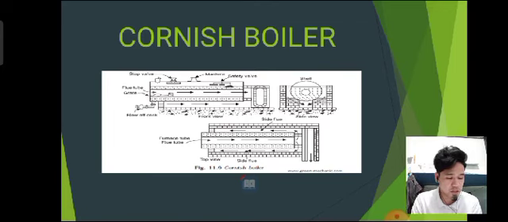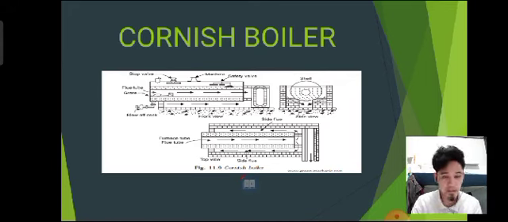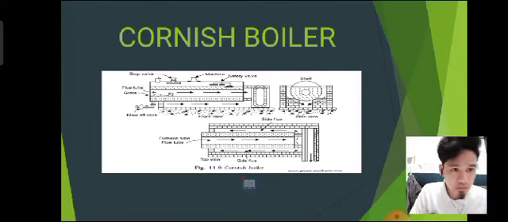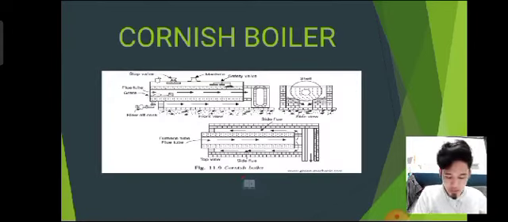Regarding the movement of flue gases, in this boiler also there is a tube inside, and the flue gases move in this direction first. This is a photograph of the Cornish boiler, where the single tube is shown.